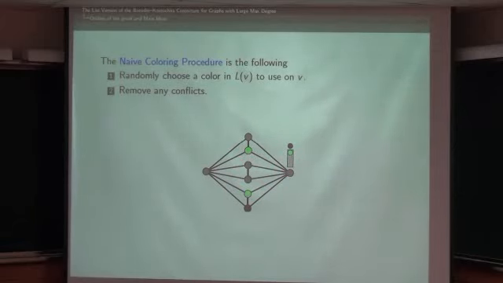So at most delta minus 2 colors are appearing in the neighborhood of this vertex, which means whatever happens in the neighborhood, there's always going to be a color available in its list to apply to this vertex. Does that make sense? This will be the main idea, and this is what I mean by a safe vertex.